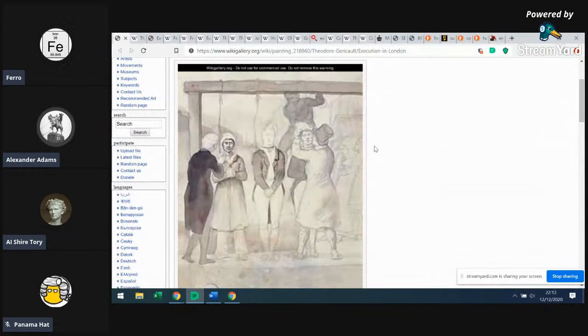So this is Execution in London. This is a drawing by Géricault. Géricault came to England. He was actually the first French artist who was seriously interested in England. He was a great horse fanatic, and he was interested in hunting, and so obviously England was a great place for him. He came to draw the horses for a series of prints.